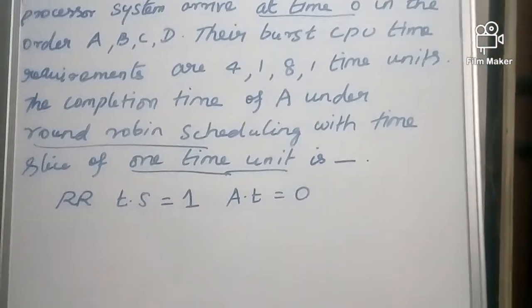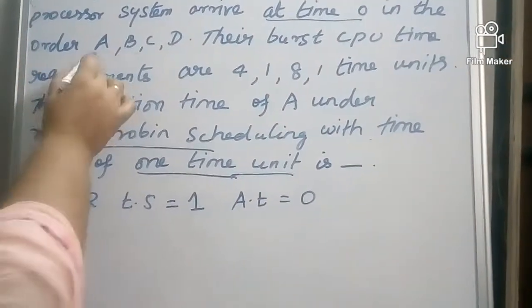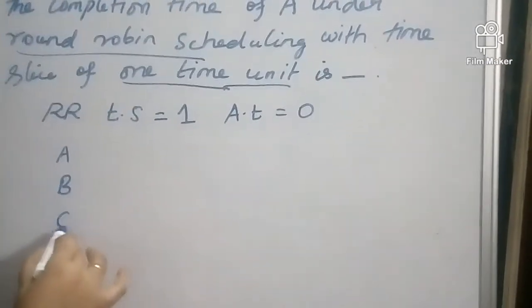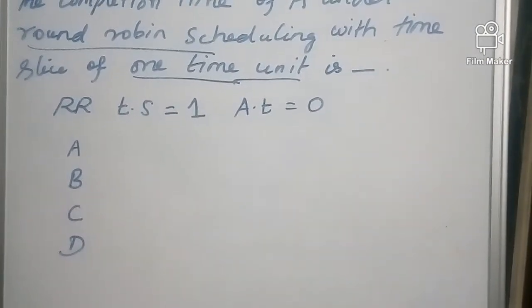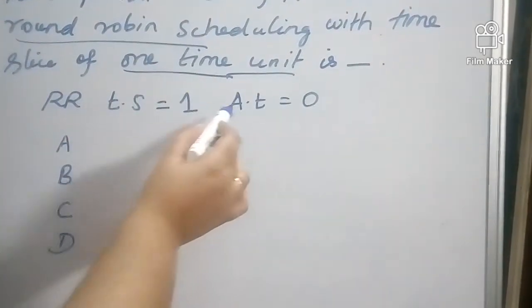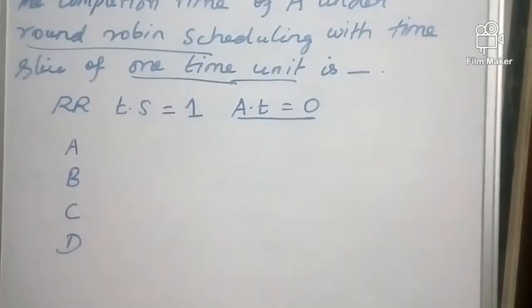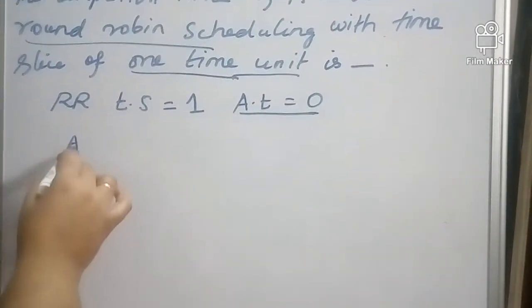So the processes here are A, B, C and D in the order A, B, C and D. Then what is the arrival time? Already we noted it down. This one is 0. And what is the burst time of all the processes?